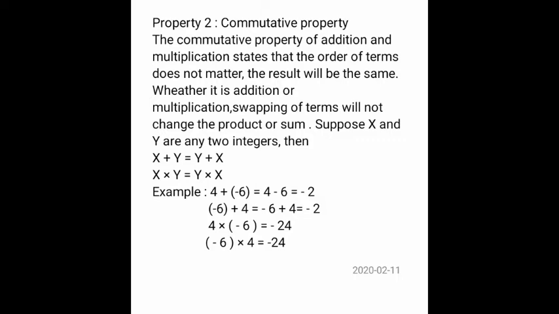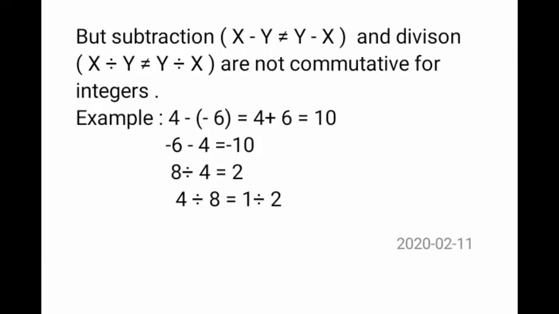That is the same case: if we multiply two integers, and if we multiply the same integers but interchange the terms, the result in the two cases will be the same. If we multiply 4 into -6, the result is -24. If we interchange the terms and multiply -6 into 4, the result is also -24. Therefore, under multiplication, the commutative property is valid.